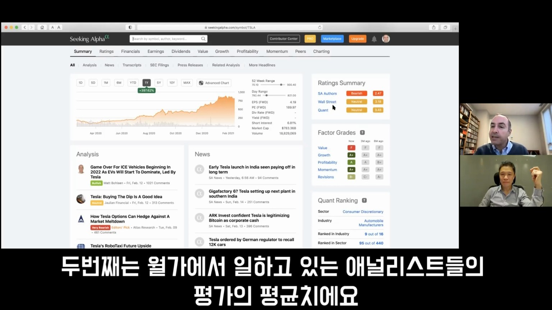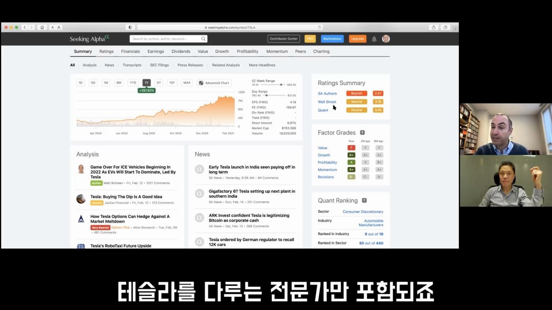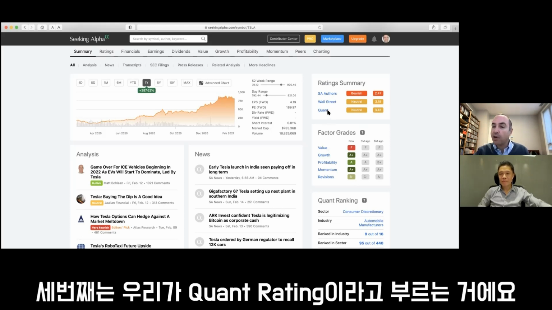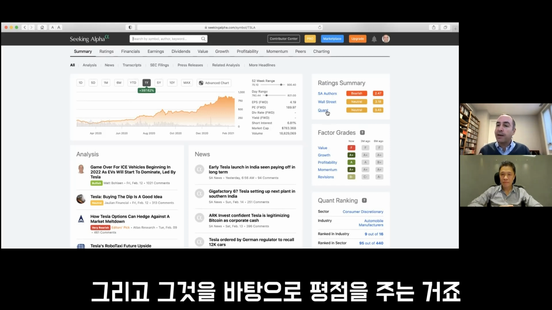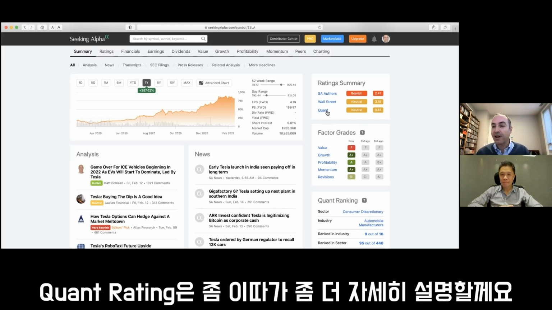The second is the average rating by Wall Street analysts who cover Tesla. And the third is our quant rating, which is a summary of all the available data on the stock, and what that data most likely says about the stock. We can come back to the quant rating and discuss that more.